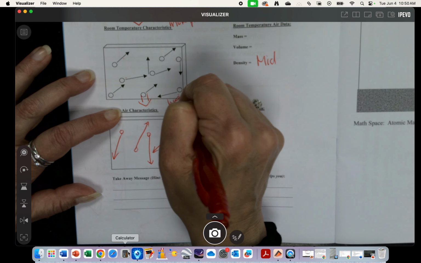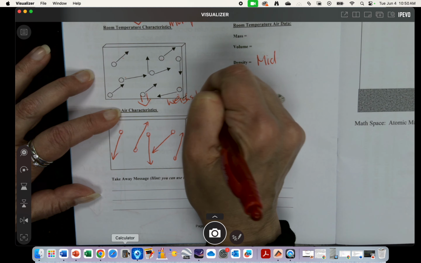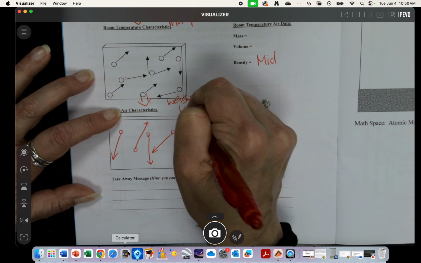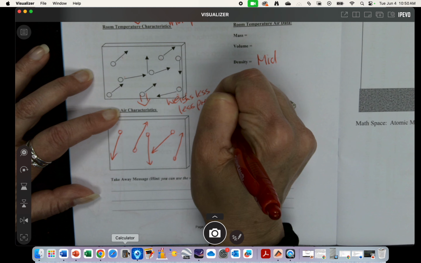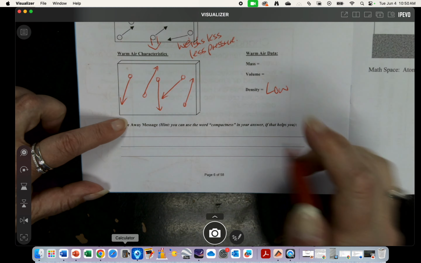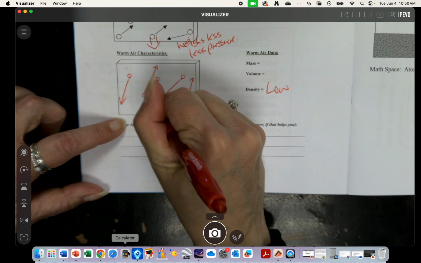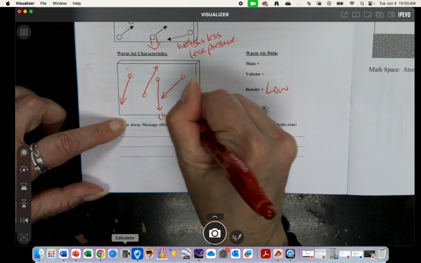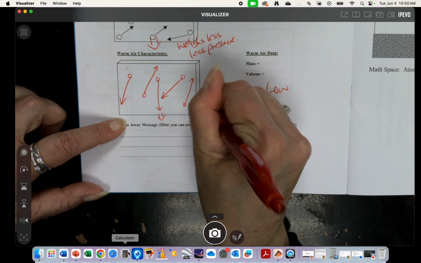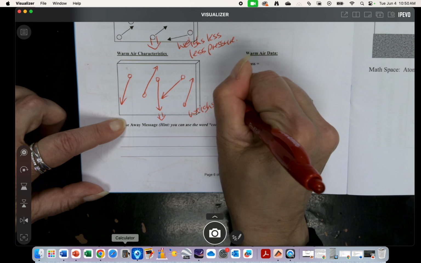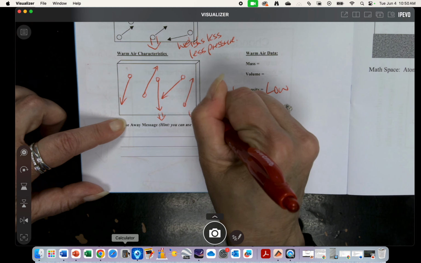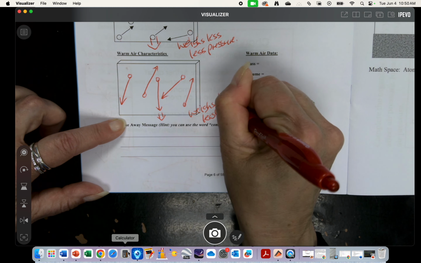It weighs less. That means less pressure. Here, let's make the arrow the smallest. It weighs the least. There's the least pressure.